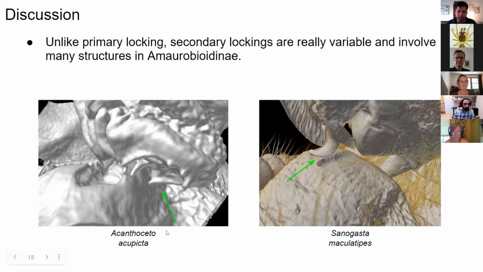For example, here in Acanthoseta cupicta, males are equipped with this set of teeth in their tegulum, which they use to literally bite this anterior soft area of female epigyne, like in a bear trap fashion. And males of Sanogasta have this hook-shaped paramedian apophysis, which they use to lock in this medial pouch of the female epigyne.